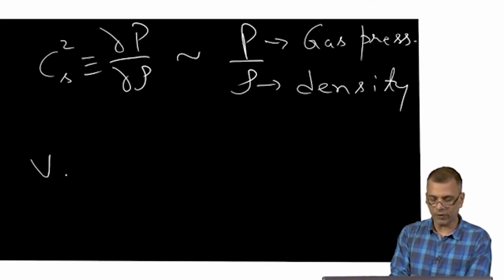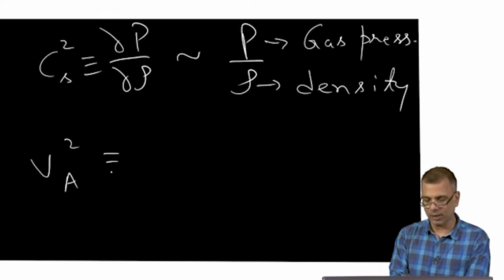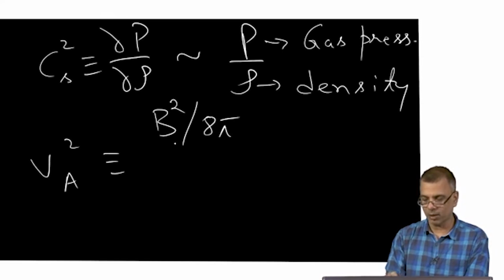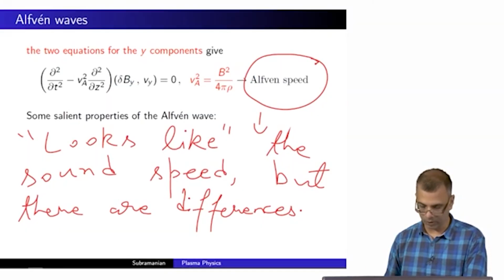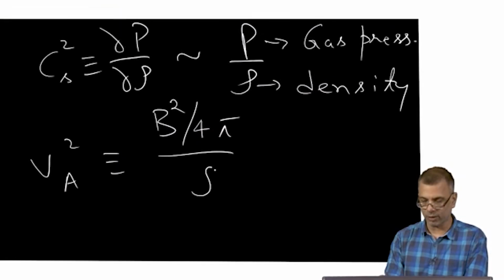Whereas the Alfven speed, which we just defined, is given by B squared over 4 pi, divided by rho.